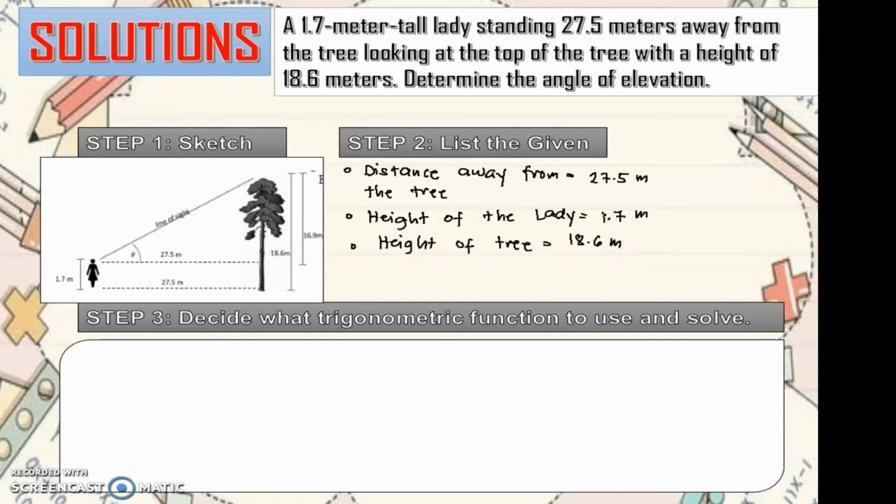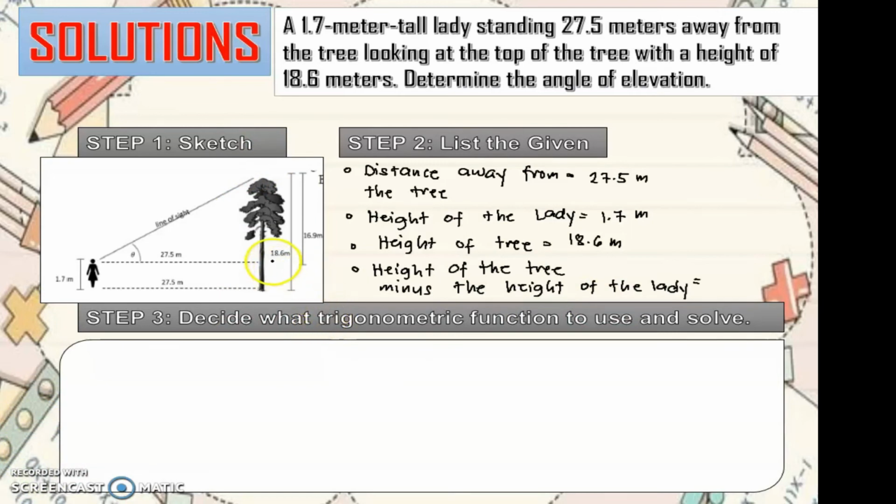So we need to subtract the height of the lady from the total height of the tree, because we're just going to consider the horizontal line of the lady, the eye level. So it would be the height of the tree minus the height of the lady.